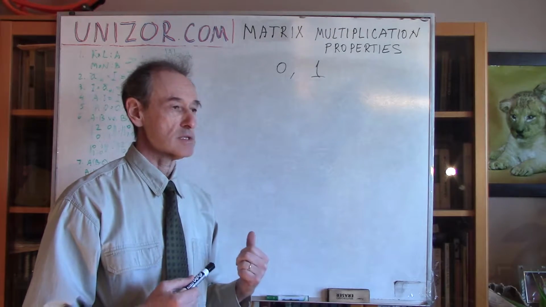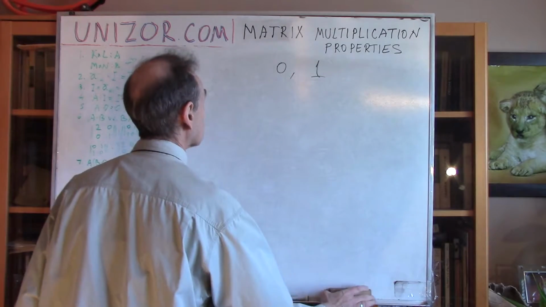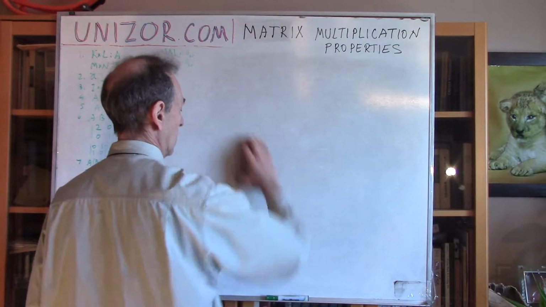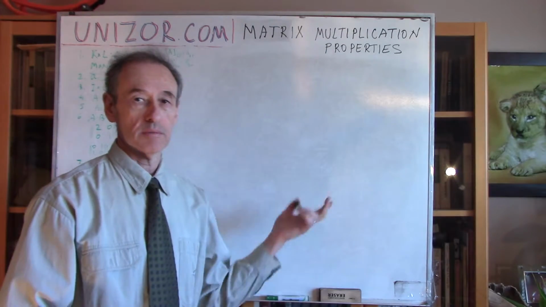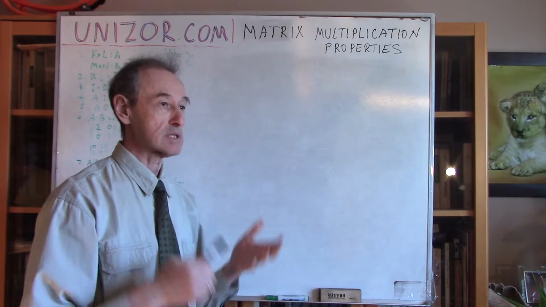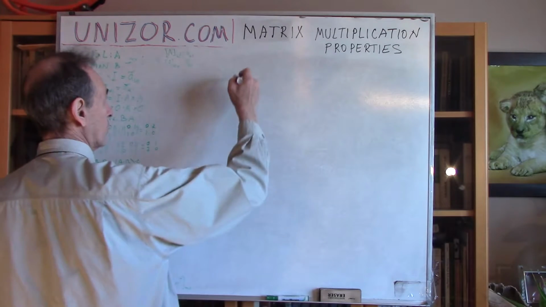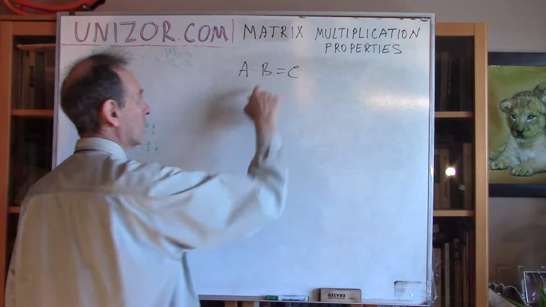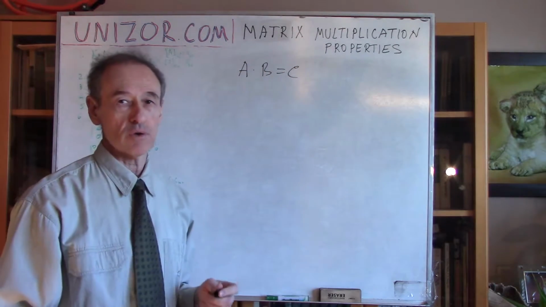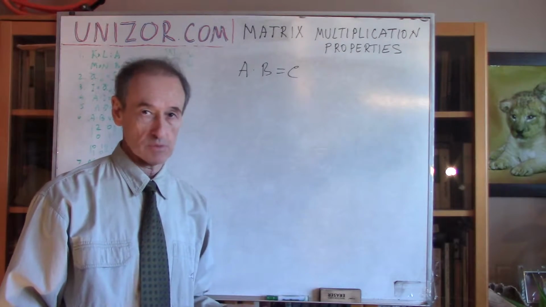Now my question is, is there anything analogous among the matrices? And the answer is yes. The obvious analog of the 0 in the matrix world is the matrix which contains only zeros. Now, if you have a product of two matrices and all elements of B are equal to 0, then obviously all elements of C would be equal to 0 as well.